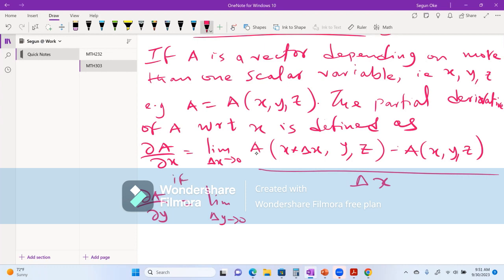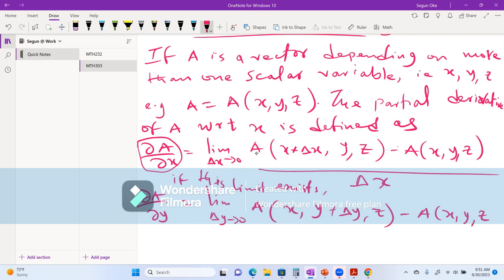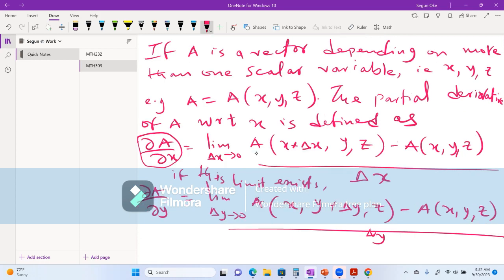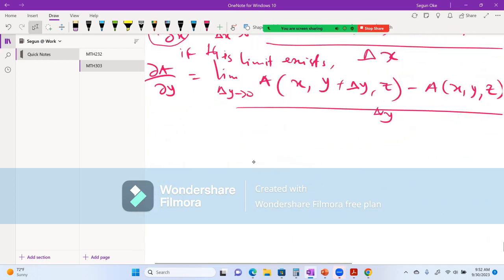Now, this will occur if the limits exist. That's when we have this, right? Similarly, the same thing happens to this: A of x comma y plus change in y comma z minus A of x, y, z. Don't forget change in y. The same thing is applicable to z.